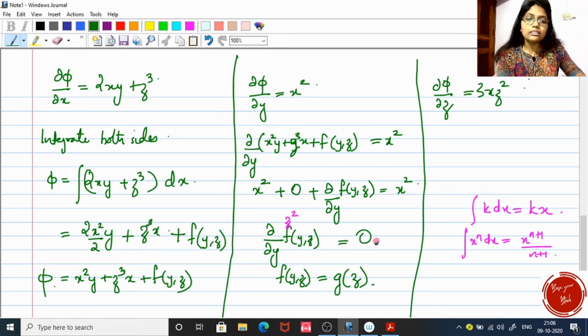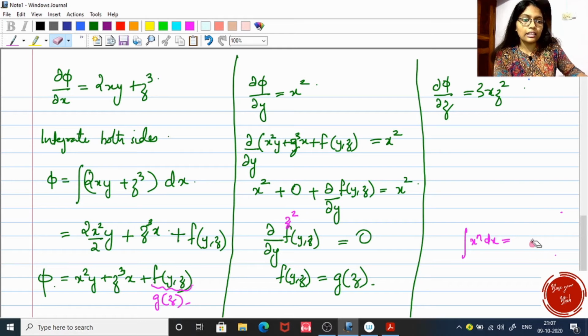But since this derivative is 0, it can be a constant or any other function containing z in it. So now f of y comma z is g of z. Now using the third expression, let me clear this.